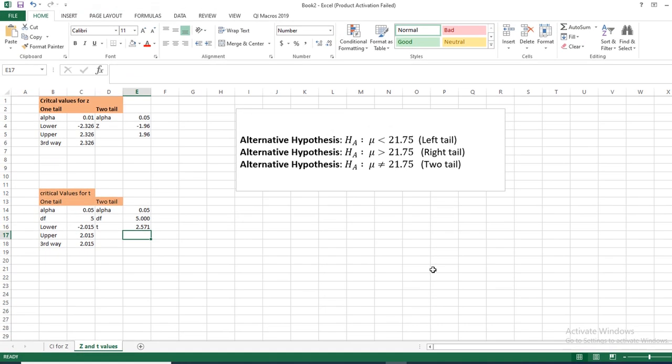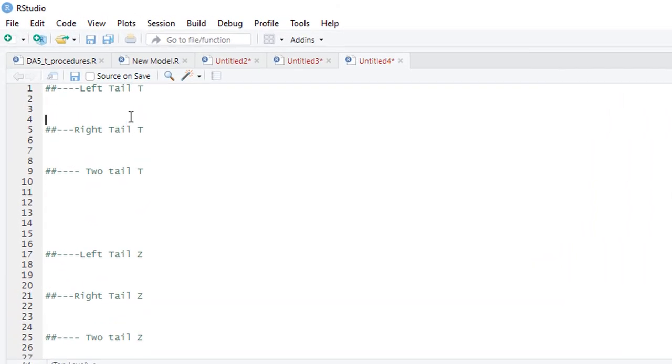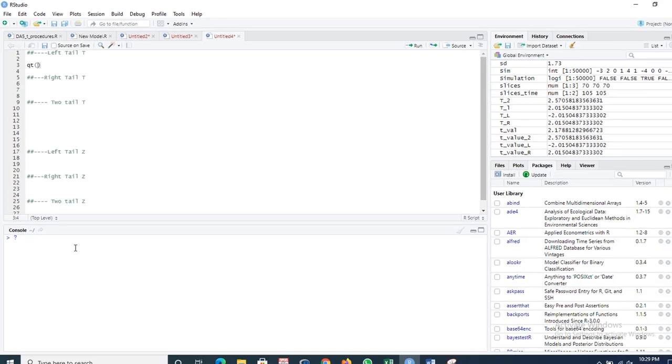Now I am taking you to my RStudio, and coming to RStudio, I have to show you how you can calculate the T value for the left tail test. You have to place qt, and RStudio is giving us the arguments p, df and ncp. What are these arguments? You must find its help.